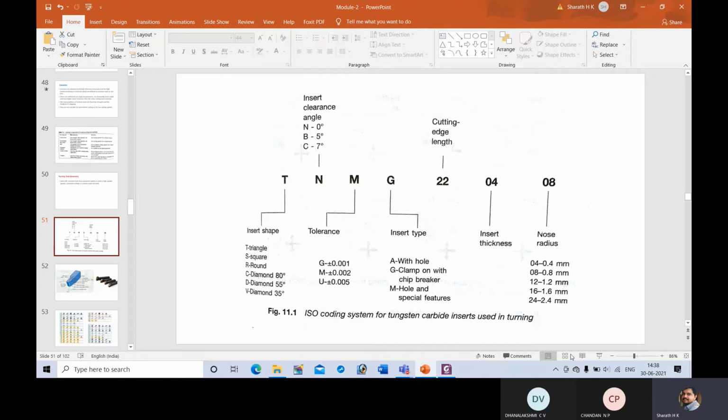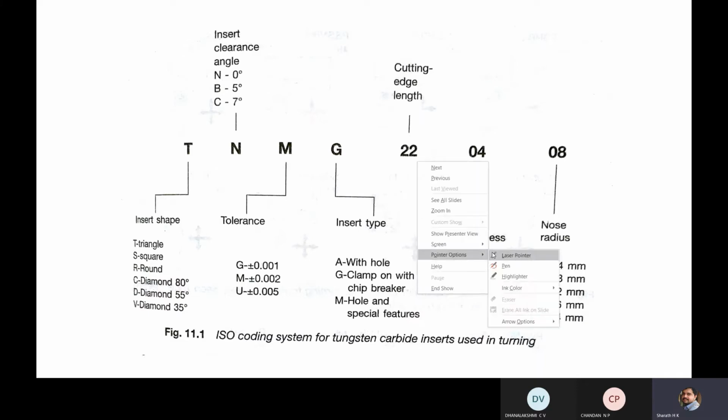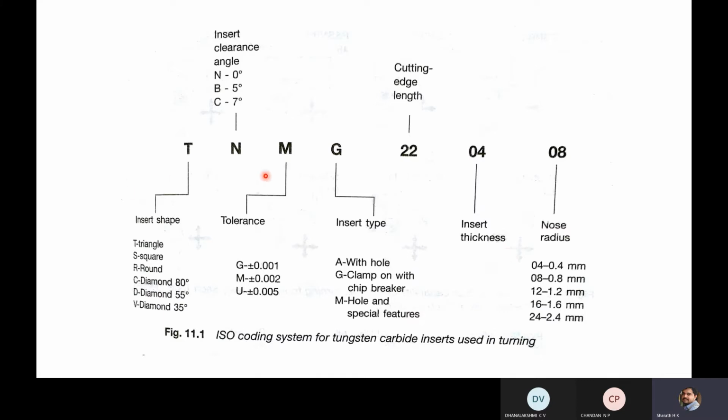This is one example of such coding. So here, the ISO coding system for tungsten carbide inserts used in turning. On the tool insert, you will get the coding as TNMG 220408.